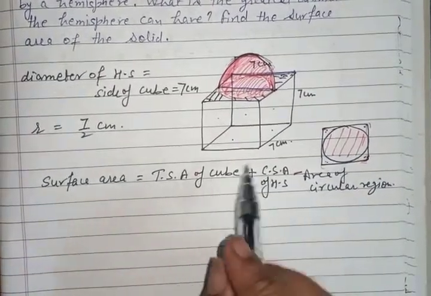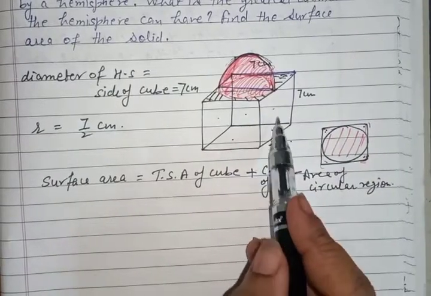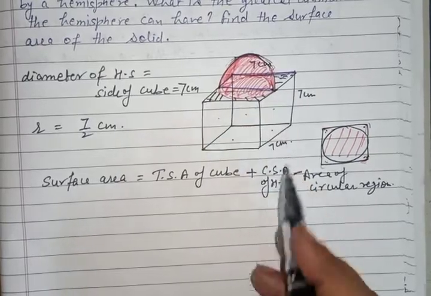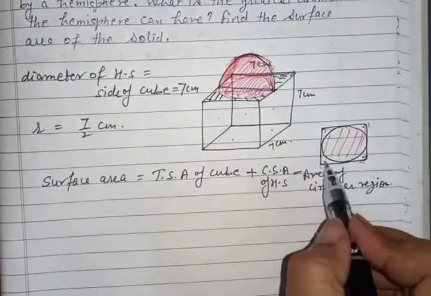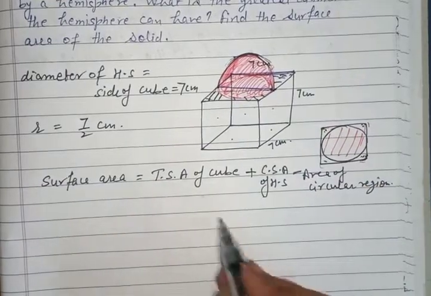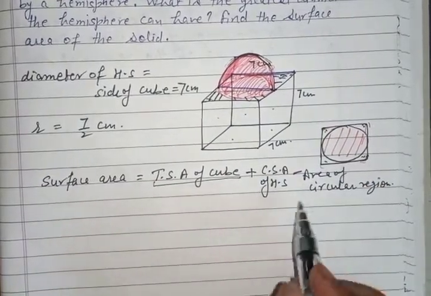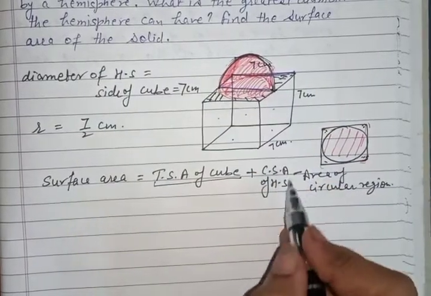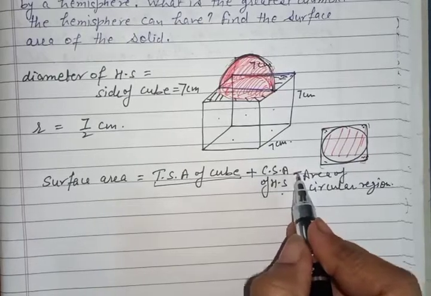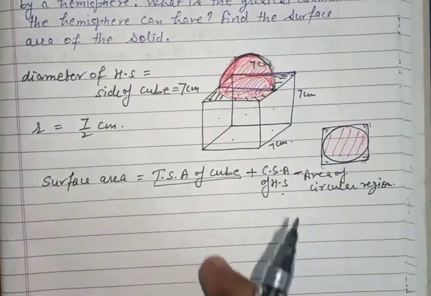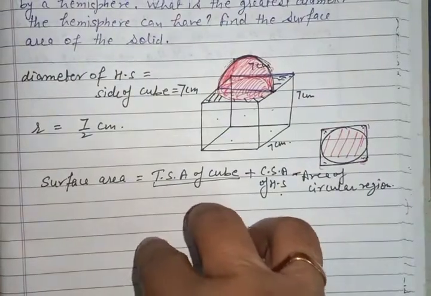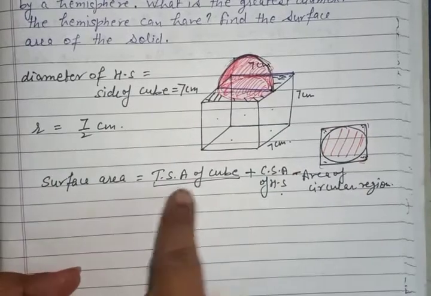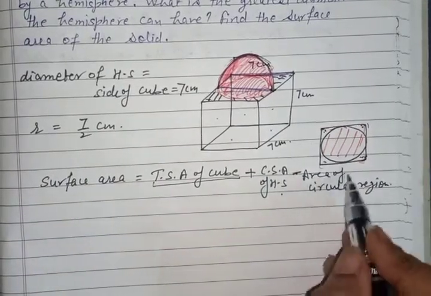The total surface area of cube means all the 6 surfaces: 1, 2, 3, 4, 5 as the back one, and this upper face 6. Why 6? Because this part of the upper face we can paint. So total surface area of cube plus curved surface area of hemisphere. We can paint this part also. So curved surface area of hemisphere minus, if we keep something over it, the portion which is below this, we cannot paint, and that portion is area of circular region.